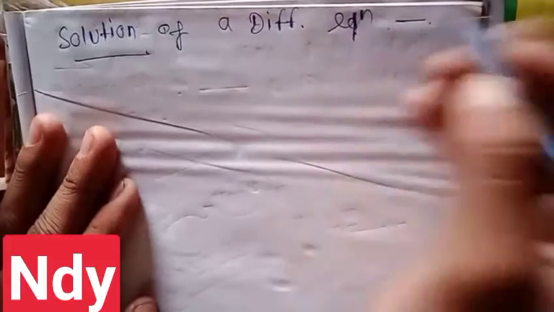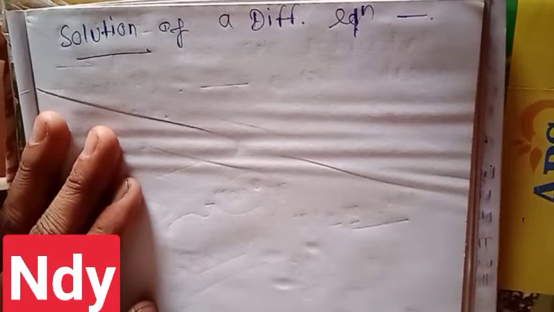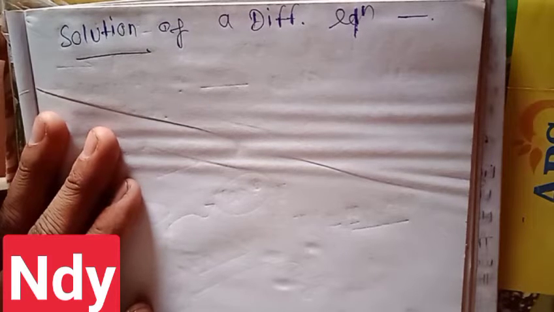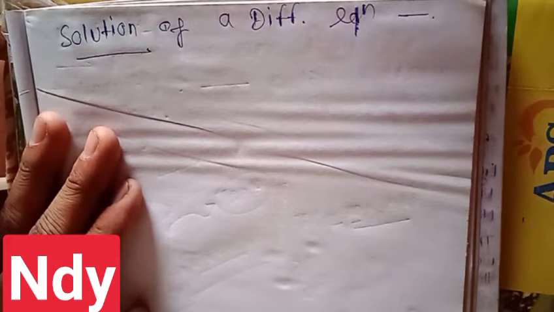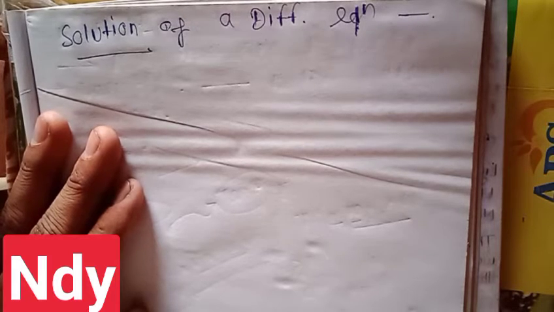Any function of the independent variable x, or whatever we take rather than x, any function of the independent variable is said to be a solution of a differential equation if it satisfies the equation.